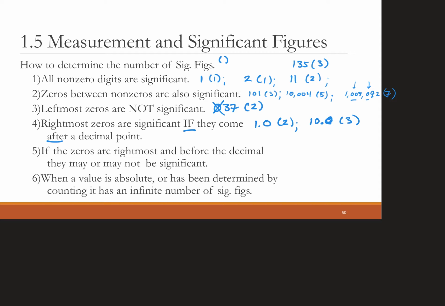Because there's a decimal there, like the number 10 could be 1 significant figure, all right? It could be 2 significant figures even, and I'll talk about that in a second. But 10.0 must have 3 because this 0 is after a decimal and to the right of the 1. And so that makes both of those zeros significant.